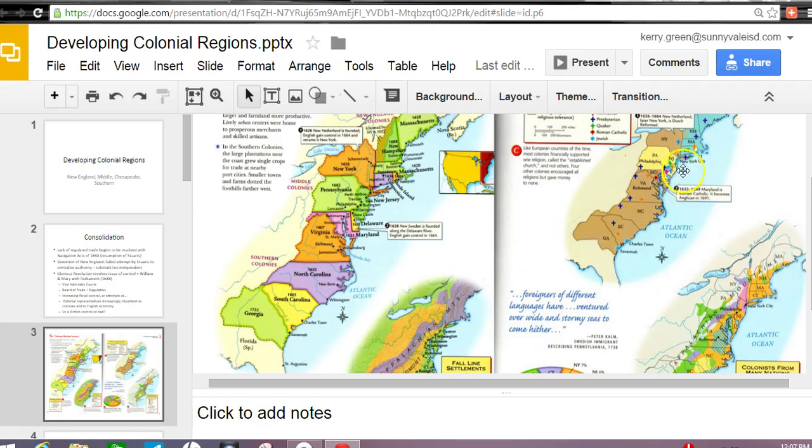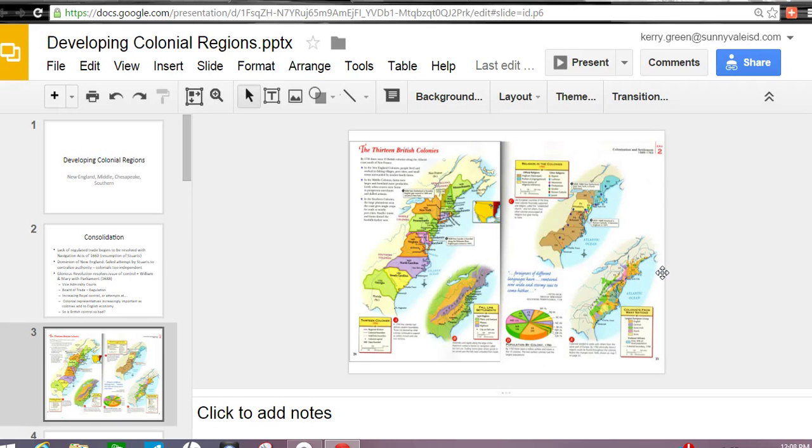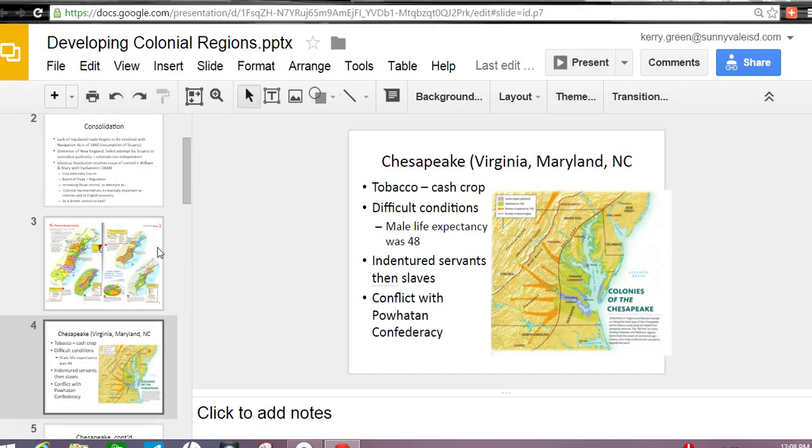You can see right here in this Pennsylvania region, we have a lot of diversity. That's an interesting way to see the diversity that's going on in the colonies. I'm sure you can pull up the actual PowerPoint from my webpage and zoom that in if you really want to go into detail.